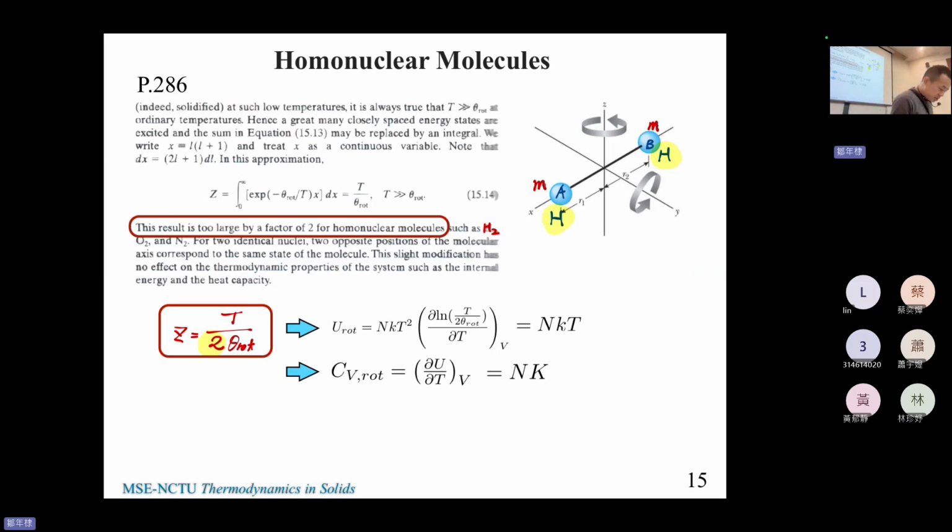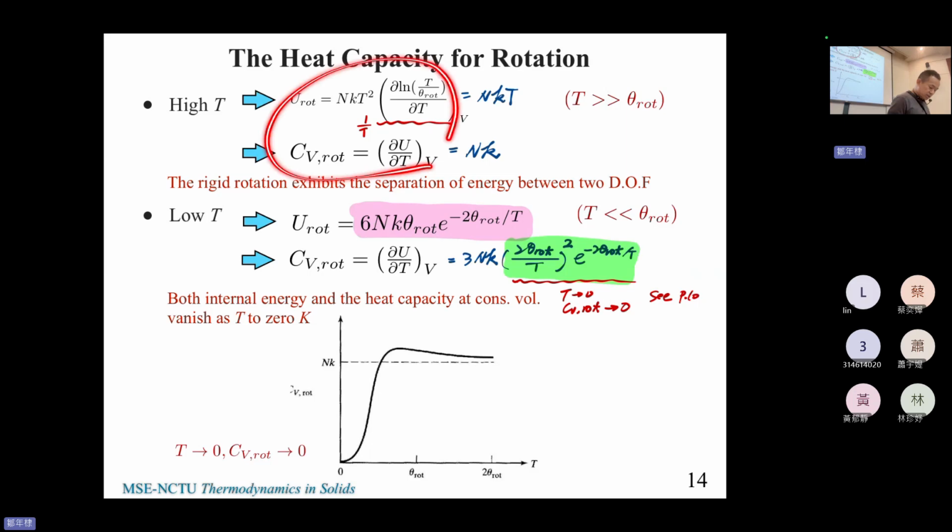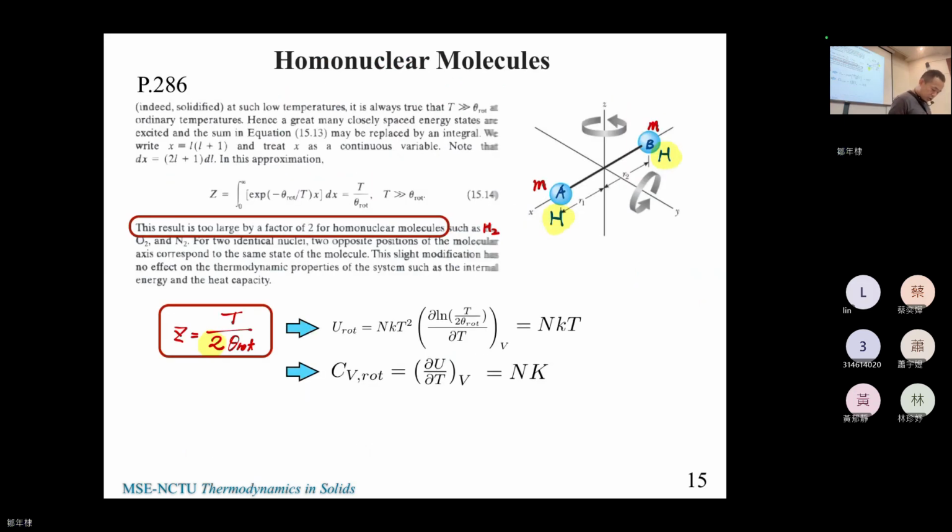Right, so you see, if you have 2, this U and CV is identical to this. The only difference is here has 2. Okay? Then, interestingly, after you've done this, you still got U rot, NkT, and CV, Nk. So they are the same.